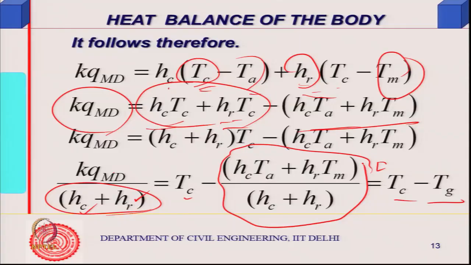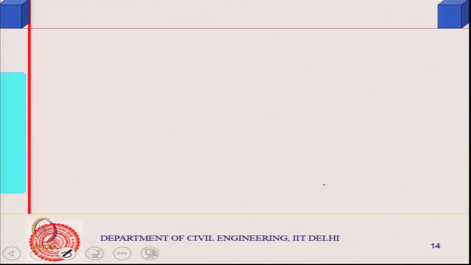If this is same as Ta, this value will become Hc Ta, Hr Ta. So, this will become simply Ta. If Tm is equal to Ta, the mean radiant temperature is same because the surface temperature is same as the air temperature. So, Tg will become equal to Ta.